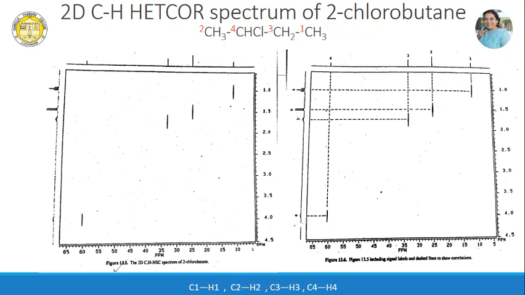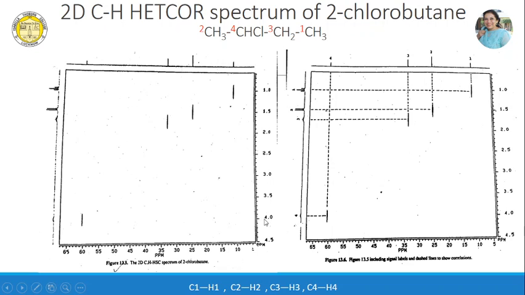So this is a drawing of the 2D heteronuclear correlation spectroscopy. Why do I say heteronuclear? As I told you, on both the frequency axes, the atoms are not the same. If you see here, we have proton NMR plotted, and here we have C13 NMR plotted.